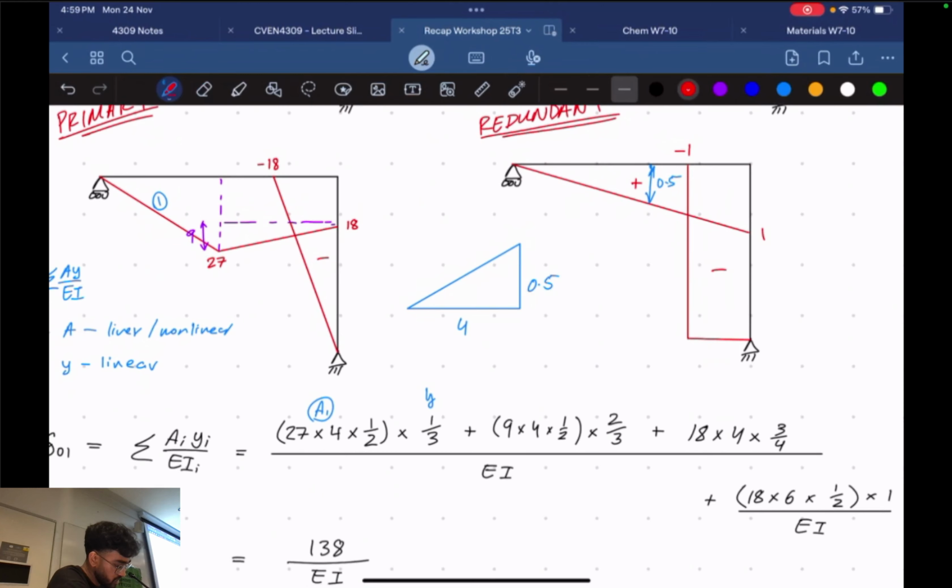And what I want to find is this value Y at the centroid. So this is going to be 2/3 times 4. Questions? Queries? So if I want to find Y using similar triangles, I do Y on 2/3 times 4 is equal to 0.5 all over 4. So the 4's cancel out, and you're left with Y is equal to 0.5 times 2/3, which is 1/3.